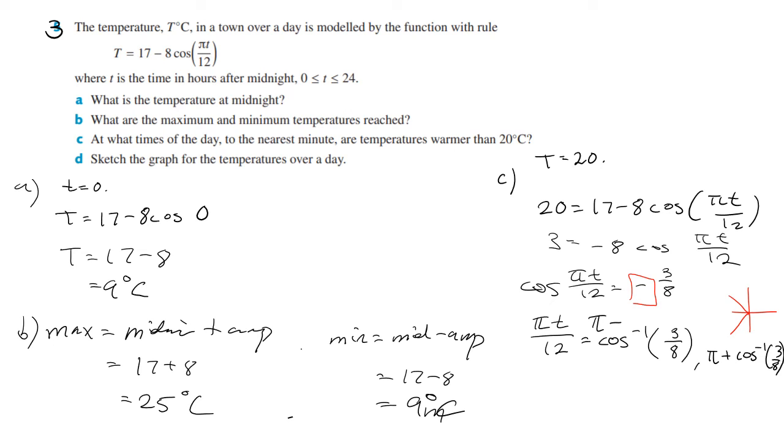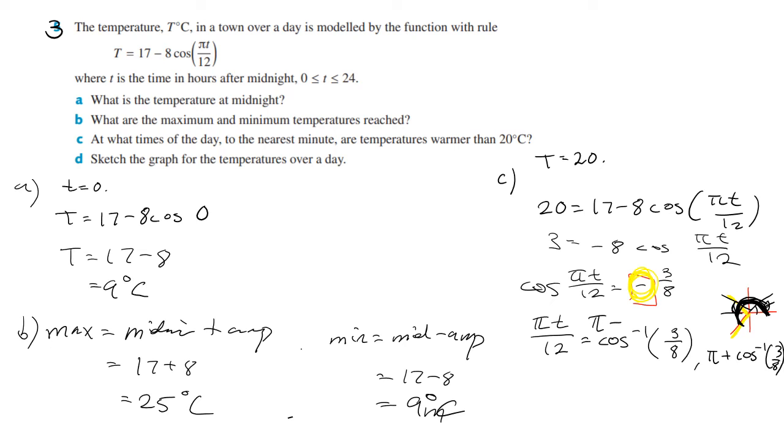We got rid of the negative here because that's not useful to us. It just tells us which quadrant it's in. And so by doing the inverse cos of 3 over 8, we calculated the acute angle here. And using that acute angle, we could find this angle and this angle, by doing pi minus t, which calculates this, and pi plus t, which calculates this.